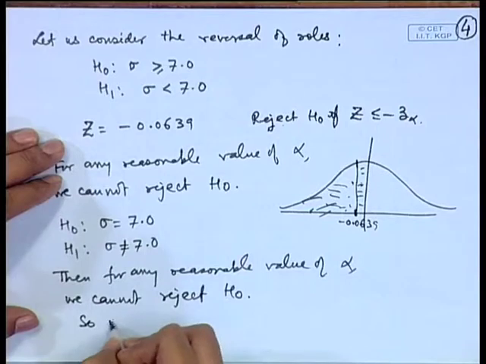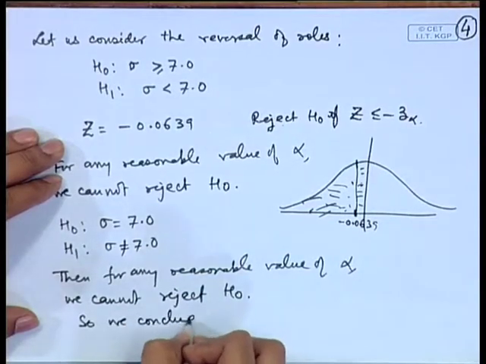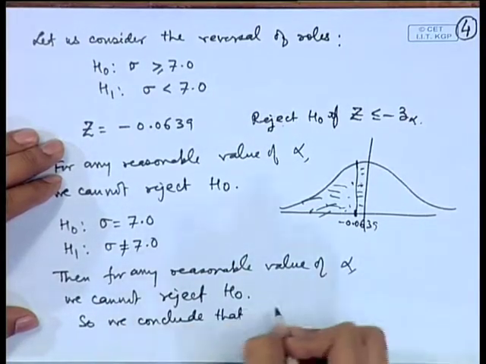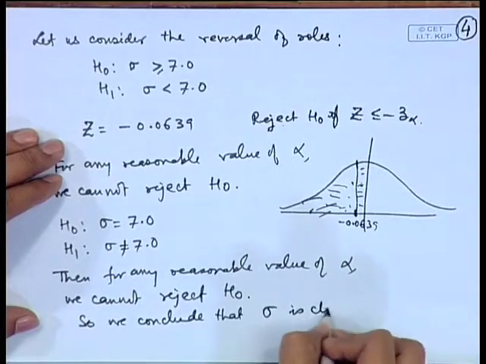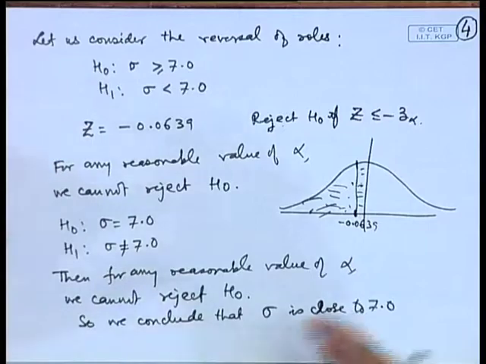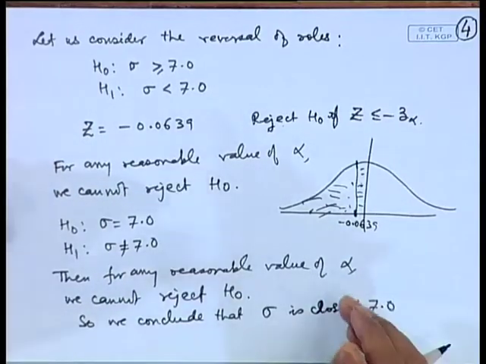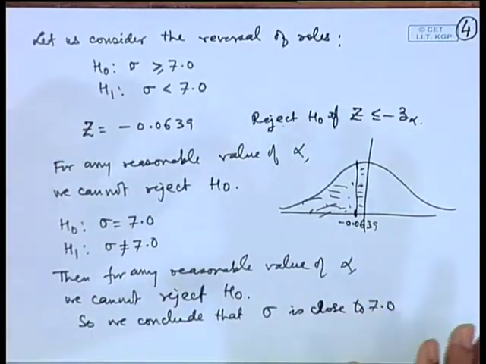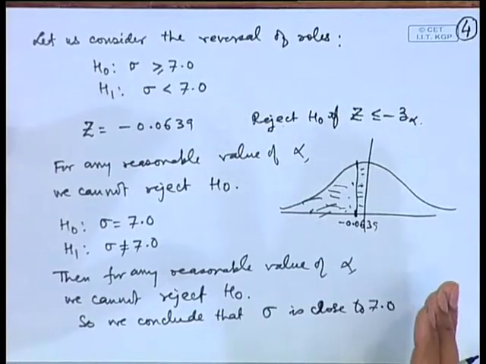So, we conclude that sigma is close to 7. That means, the hypothesis of sigma equal to 7 cannot be rejected, so sigma is actually not significantly different from 7.